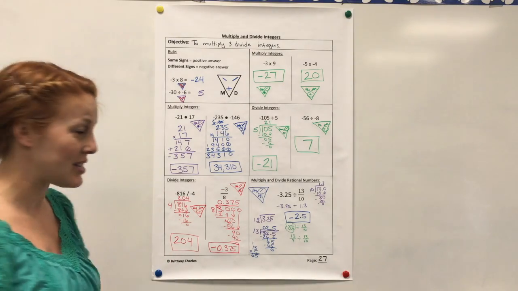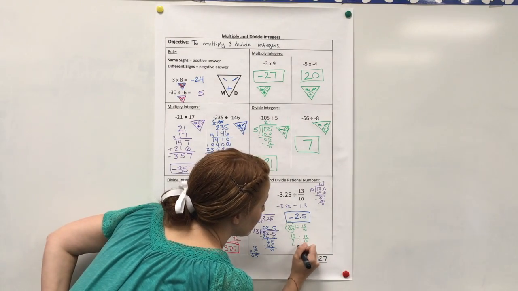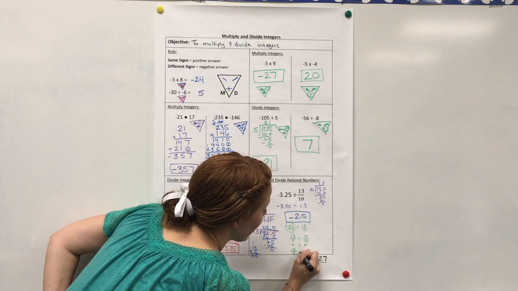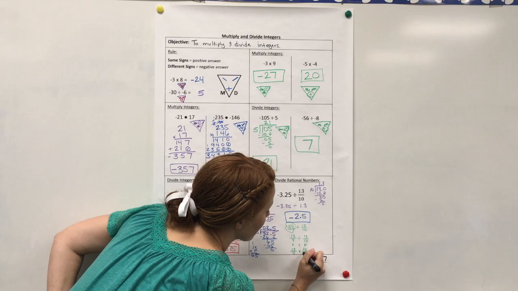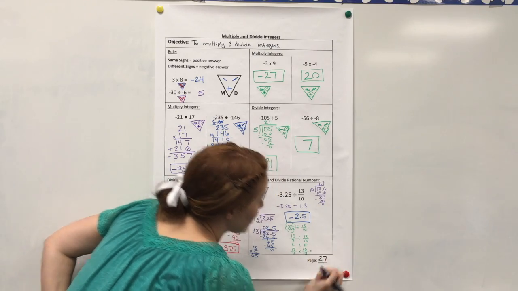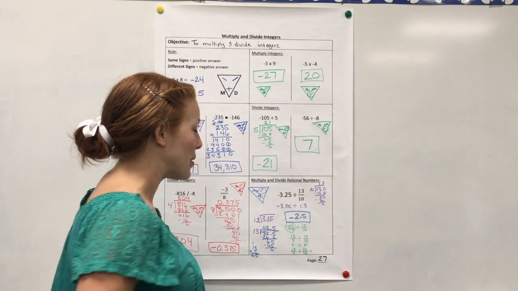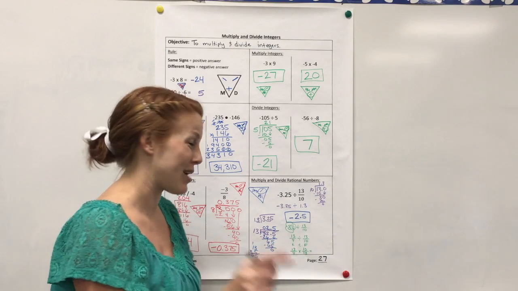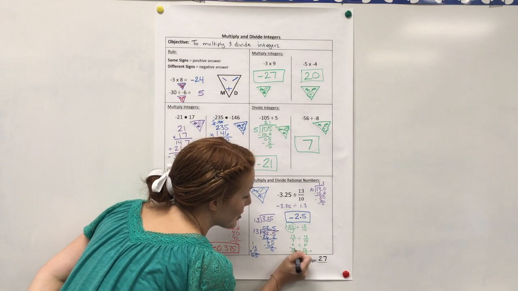Now I'd have to do KCF. So 13/4 times 10 over 13. Now I could multiply this out, but since I see a 13 right here and a 13 right here, I can actually cross those out, make my life a little easier.